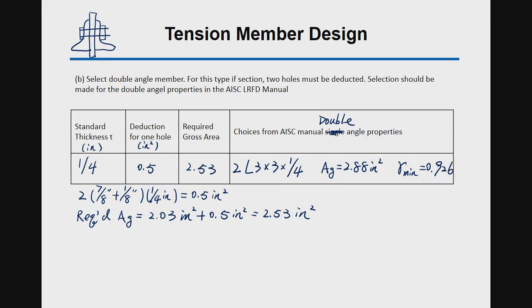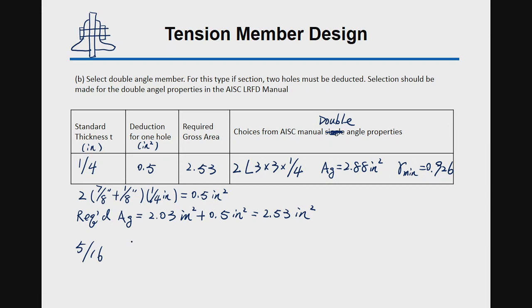Okay. So similarly, you can also consider the double angle with the standard thickness of 5/16 inches. So you can practice and repeat the same procedure.